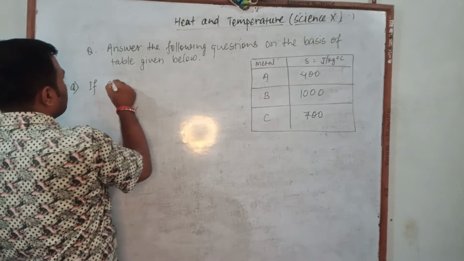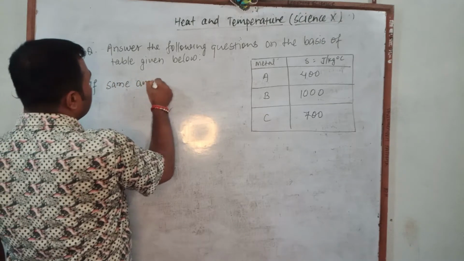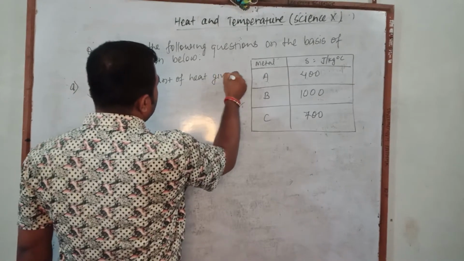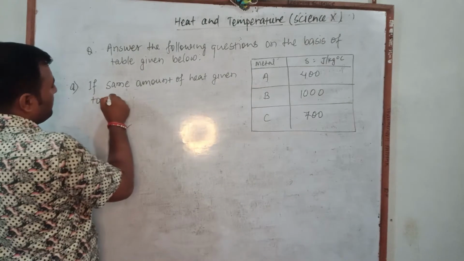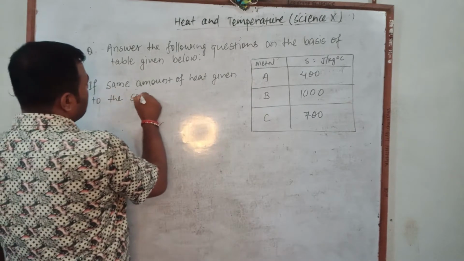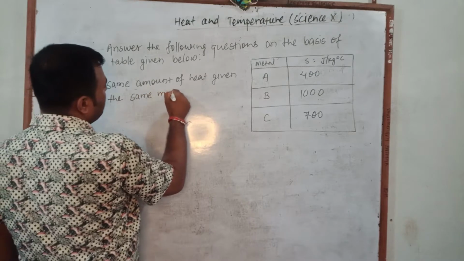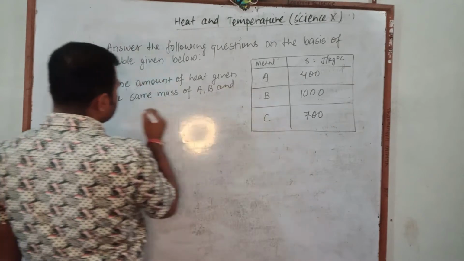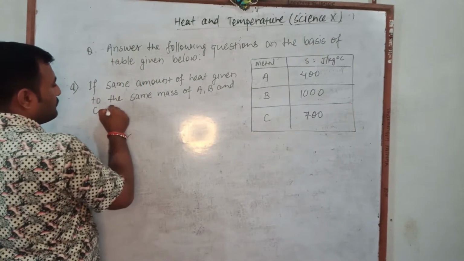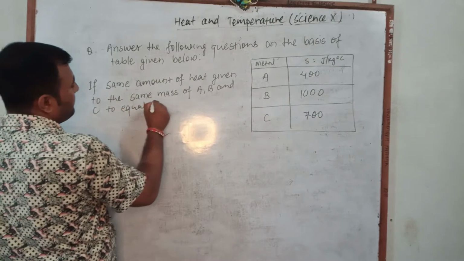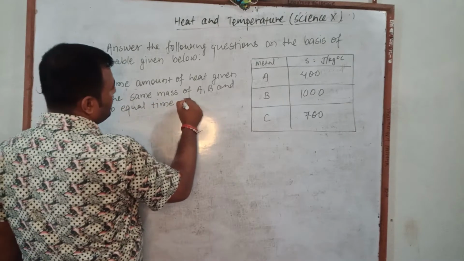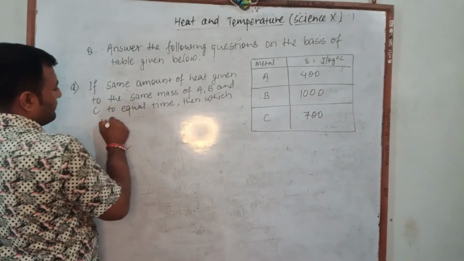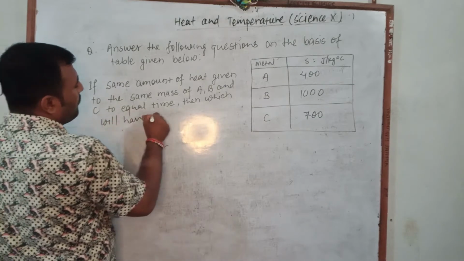If the same amount of heat is given to the same mass of A, B and C for equal time, then which will have more heat energy?